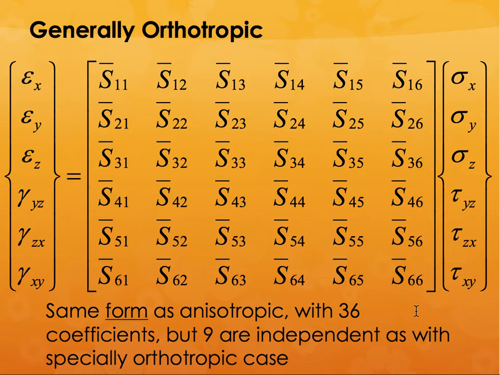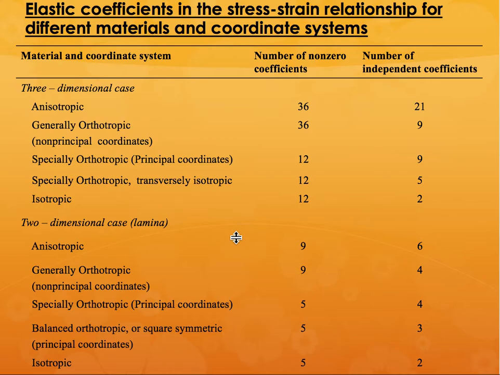Similarly, you only have 9 independent coefficients. For a generally orthotropic material, you call this compliance matrix the S bar matrix. This gives you the number of independent coefficients.